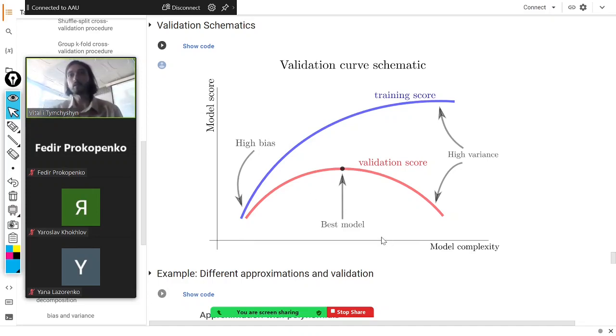And as you see, if we are getting into more and more complex models, the training score always gets better. Why? Because we fit more, with more parameters, it separately uses each input point and fits on it.